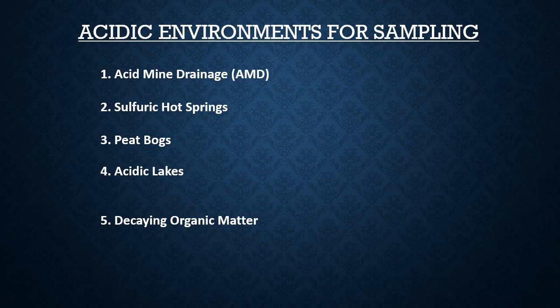Then next is peat bogs. The Sundarban mangrove forest in India is a best example of peat bogs. What are these? Peat bogs are wetland areas with accumulated organic material.